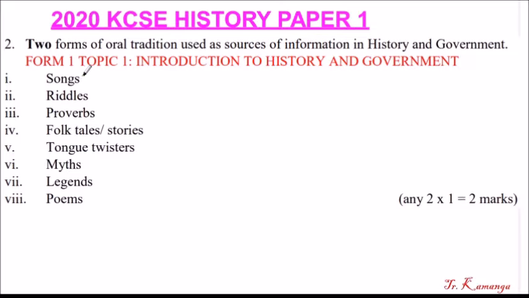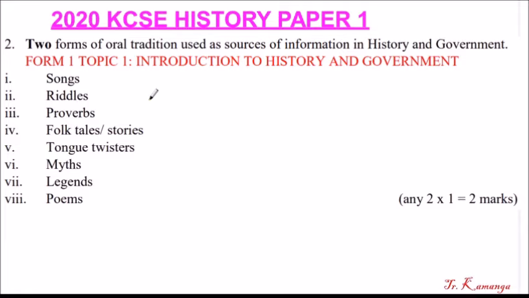This is from Form 1, Topic 1, Introduction to History and Government. So you are to be awarded 2 marks. So here we have songs, riddles, proverbs, folk tales and stories, tongue twisters, myths, legends, and poems.